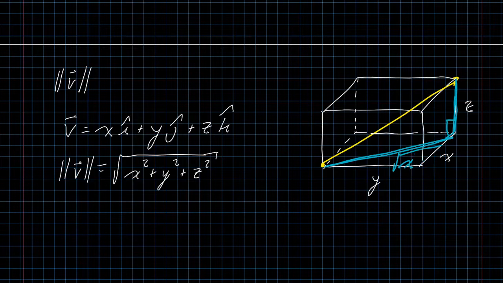Let's write that where you can actually read what it says. Right, the length of that thing is the square root of x squared plus y squared. And then now you have a right triangle who has sides, root x squared plus y squared, and z. And if you calculate the length of the hypotenuse, you get root x squared plus y squared plus z squared.